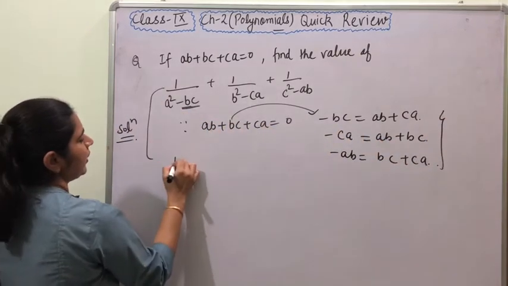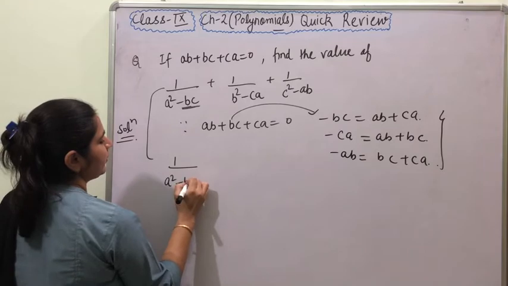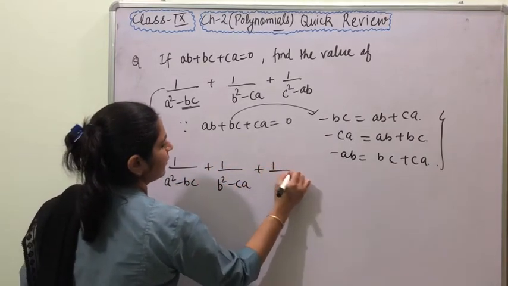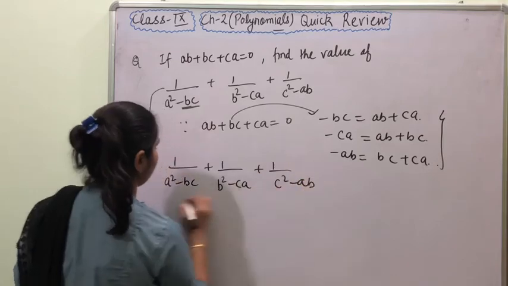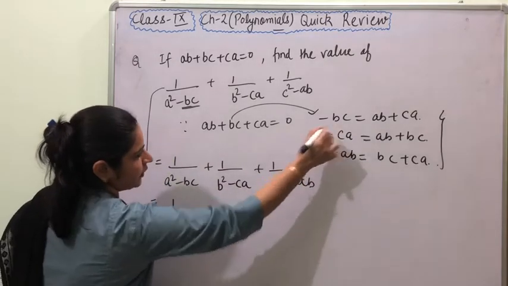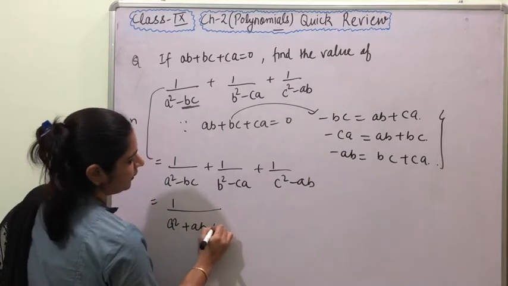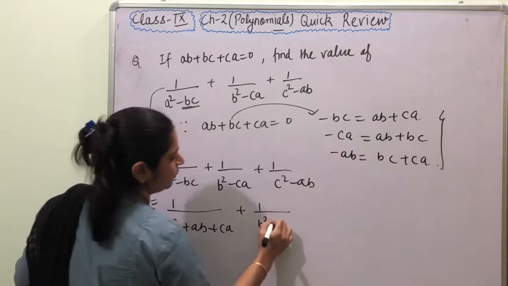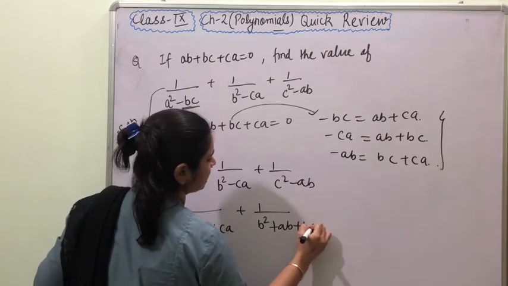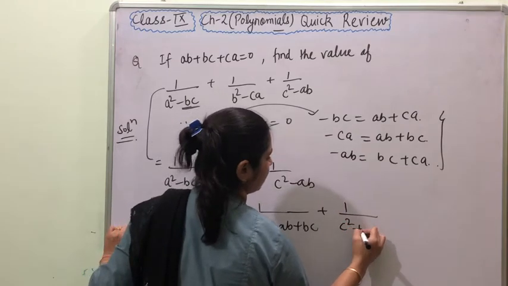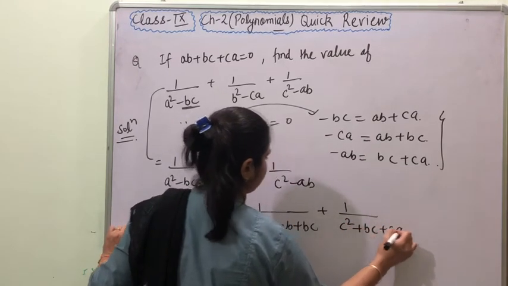Here it is 1 upon a square minus bc, 1 upon b square minus ca, 1 upon c square minus ab. Now we are substituting the values: minus bc is equal to ab plus ca, minus ca is equal to ab plus bc, and minus ab is equal to bc plus ca.